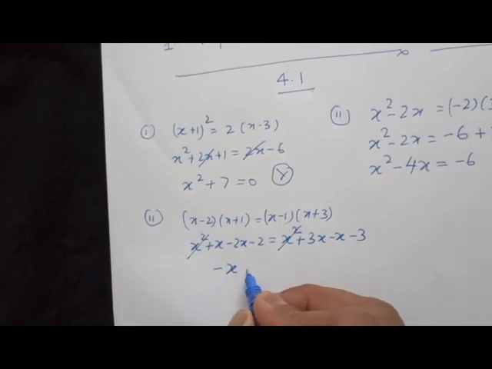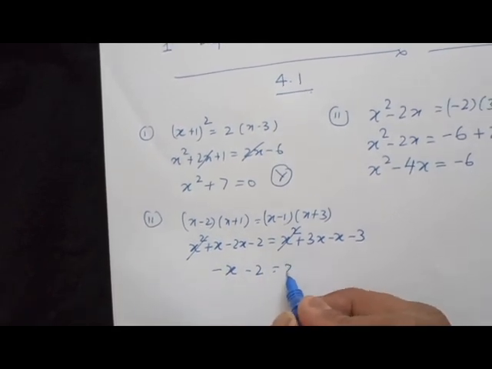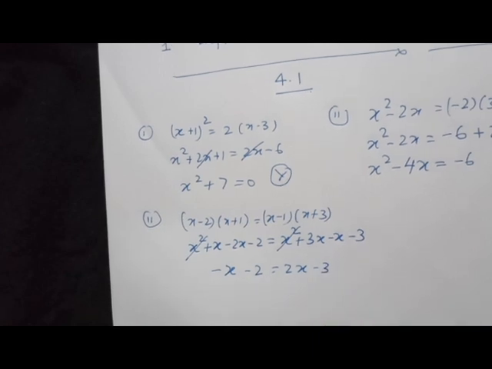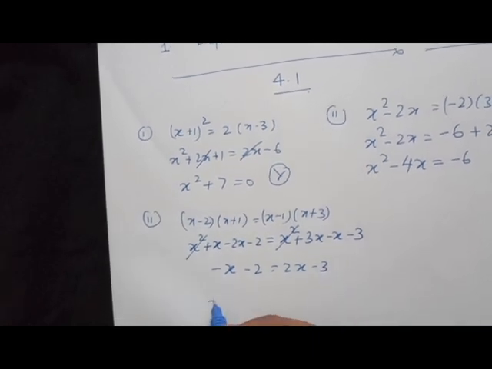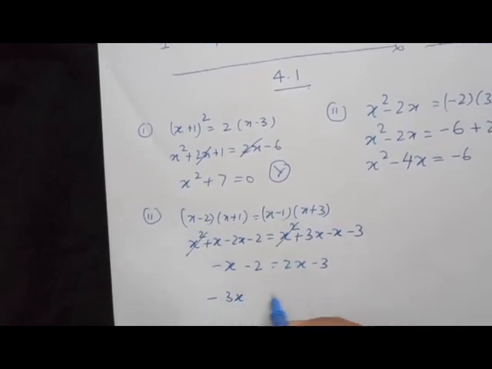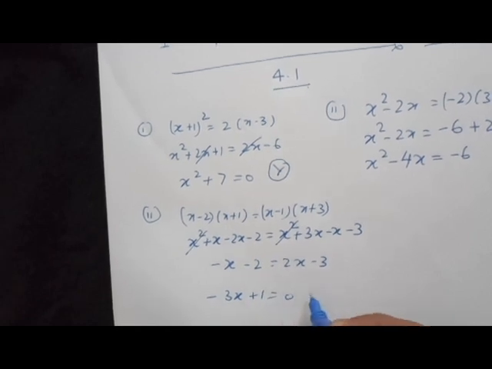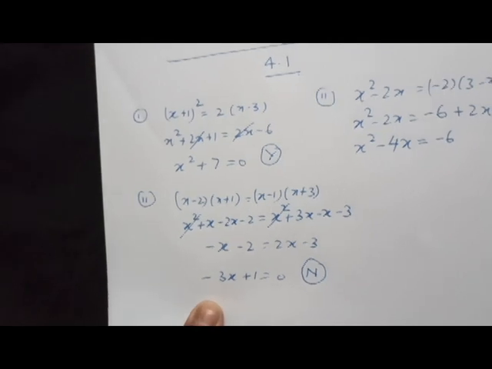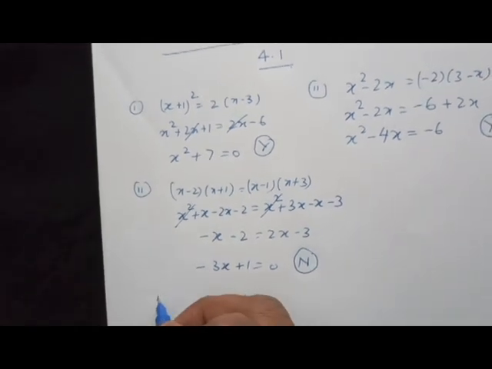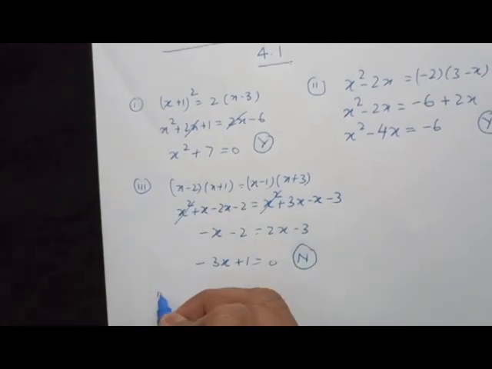So this is minus x minus 2 and this is 2x minus 3. Bring them back to the left side. Minus 3x plus 1 is equal to 0. So this is not a quadratic equation because the degree of the equation has become 1. So this was our third part.